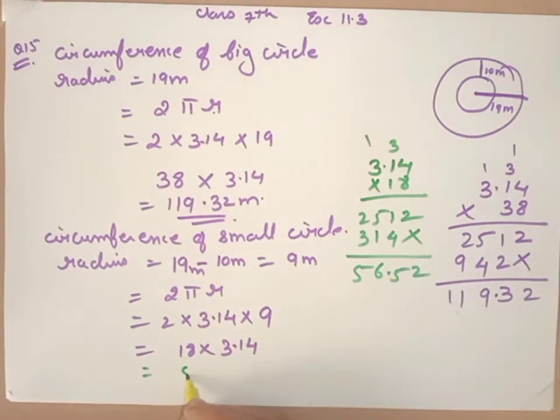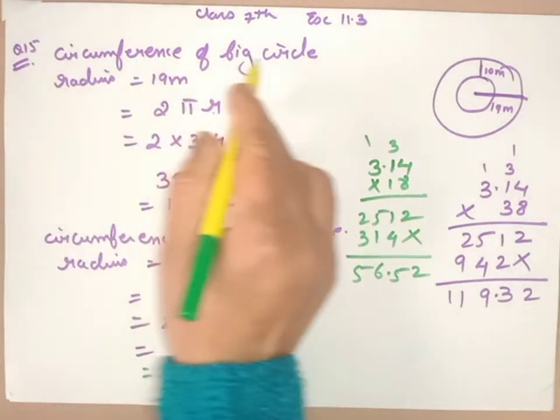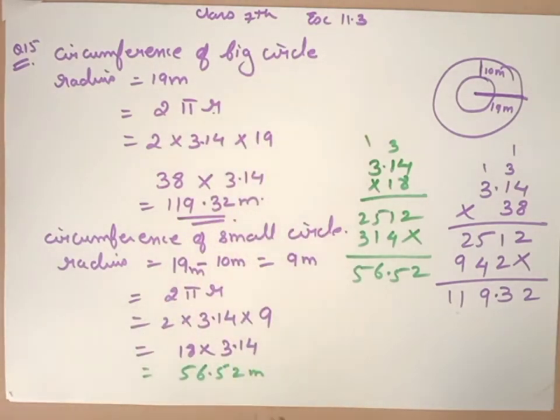So this is your circumference, 56.52 meter. We just had to find the circumference of these two, so these are our final answers.